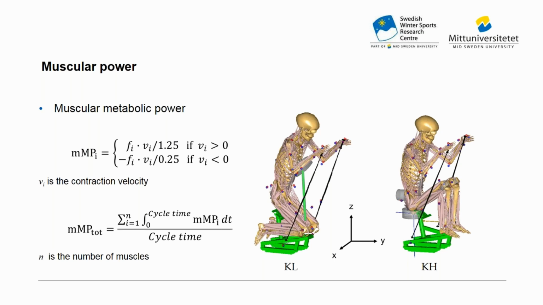The first row in this upper equation is connected to eccentric muscle work, and the second row is connected to concentric muscle work. Then the metabolic power of all the muscles is summed up into a total, and this was, as I said earlier, an average over 4 cycles that we analyzed for the 2 exercise intensities.